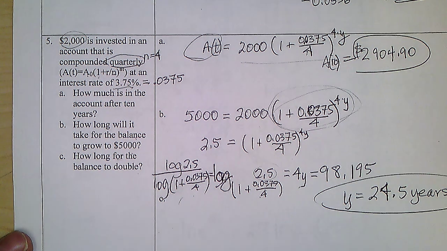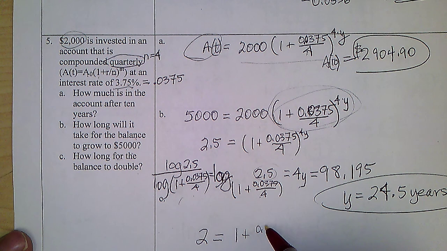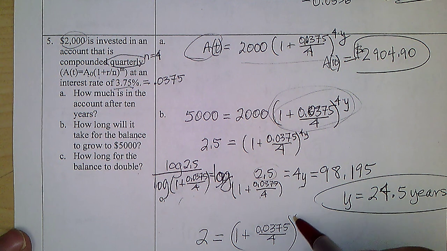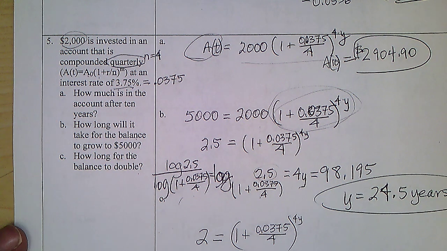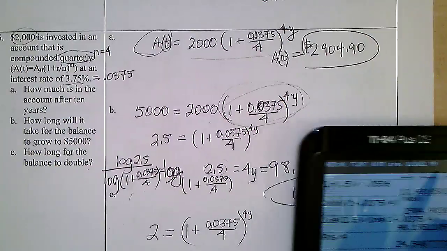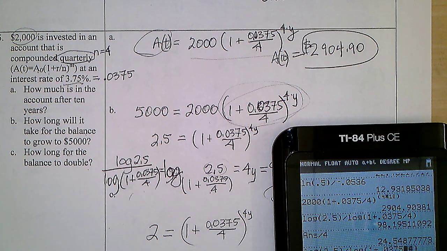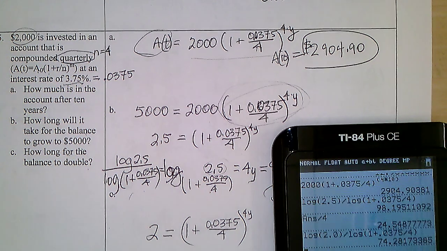So I can just work with that and say 2 has to equal 1 plus 0.0375 over 4 to the 4y. So once again, I'm going to get the log of 2 over the log of this, like I did before, only it was 2.5. So I'm going to go back here and just change this to 2.